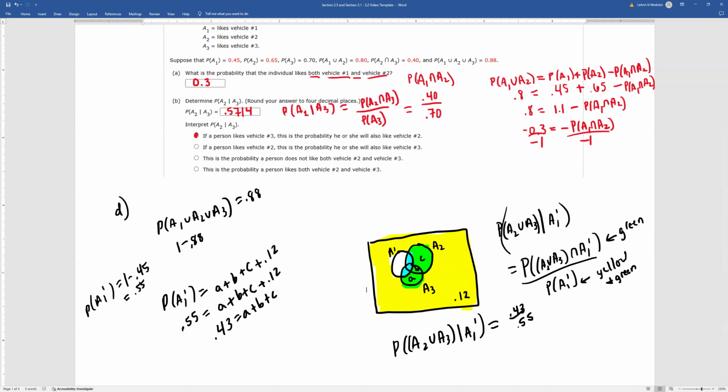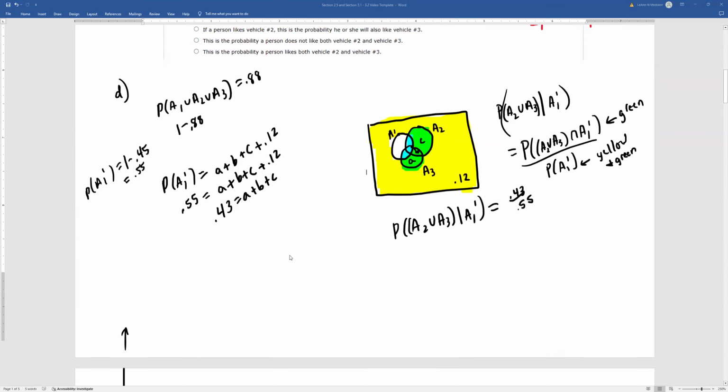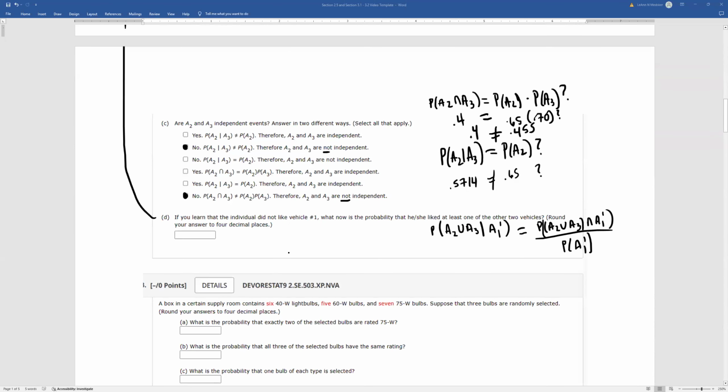If we divide that, that'll give us the probability for that conditional probability. So this is 0.43 divided by 0.55. And when I did that, I got 0.7818. We'll see if they need us to go to 4 decimal places. Okay, so the picture helps with that a lot.